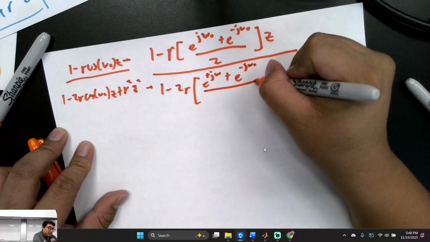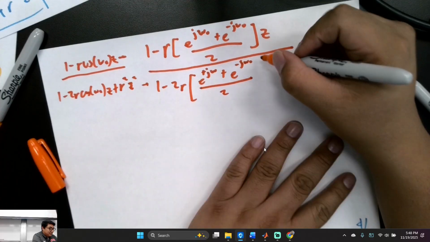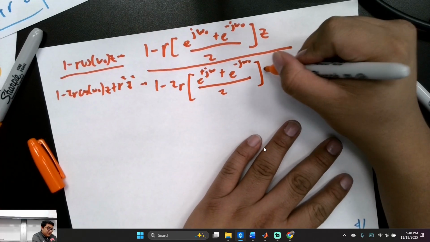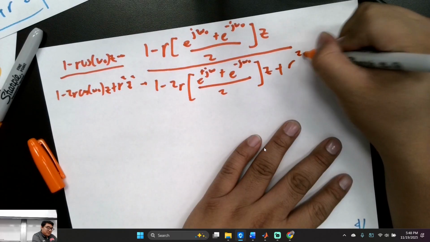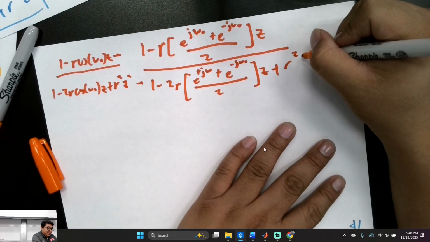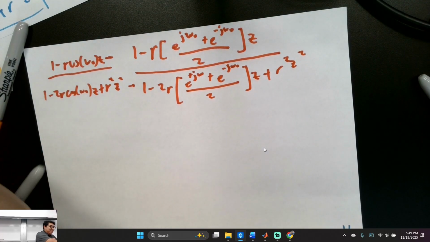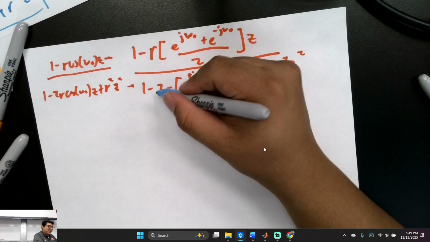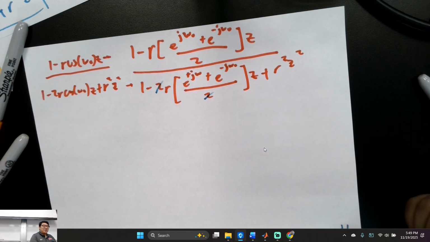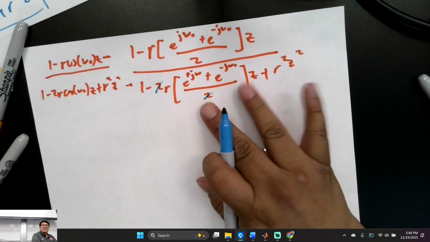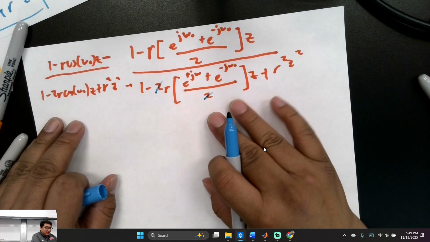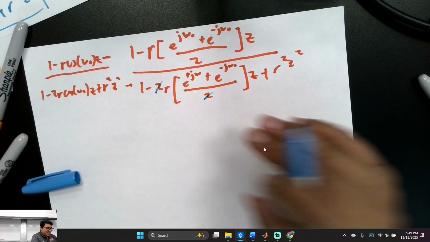Okay, and those are constants, 2 z plus r squared z squared. And then someone's probably yelling at me saying, David, I can cancel some stuff. Yeah, you can cancel this, you can cancel that, makes our job easier. Now you got to start factoring stuff, okay? So let's see, how do we want to factor this guy out?